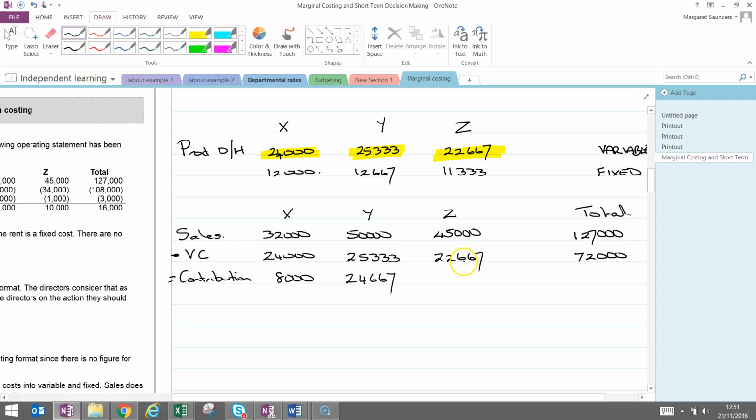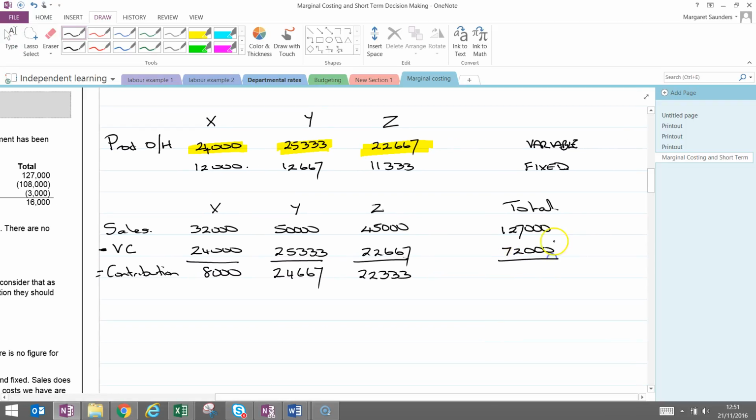And finally, product Z, 45,000 minus the variable costs, 22,667, gives us a contribution of 22,333. Okay, so we've done sales minus the variable costs.